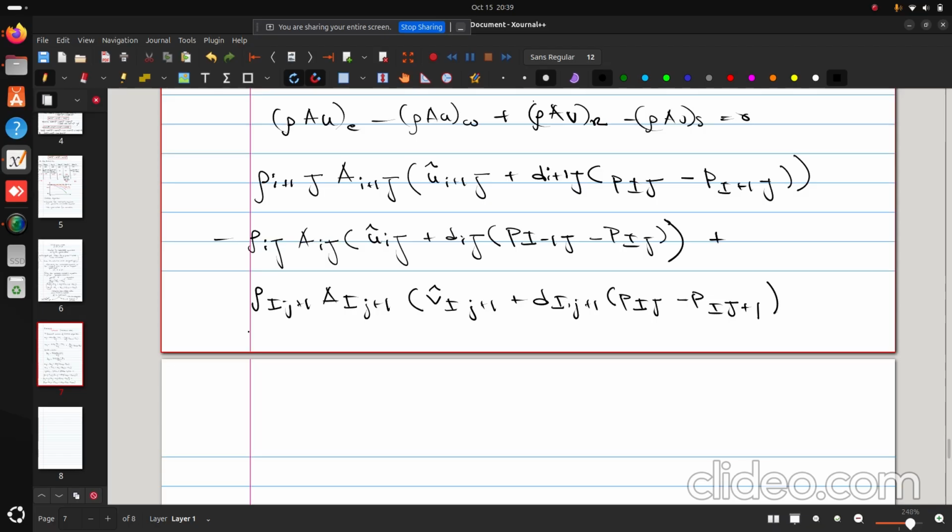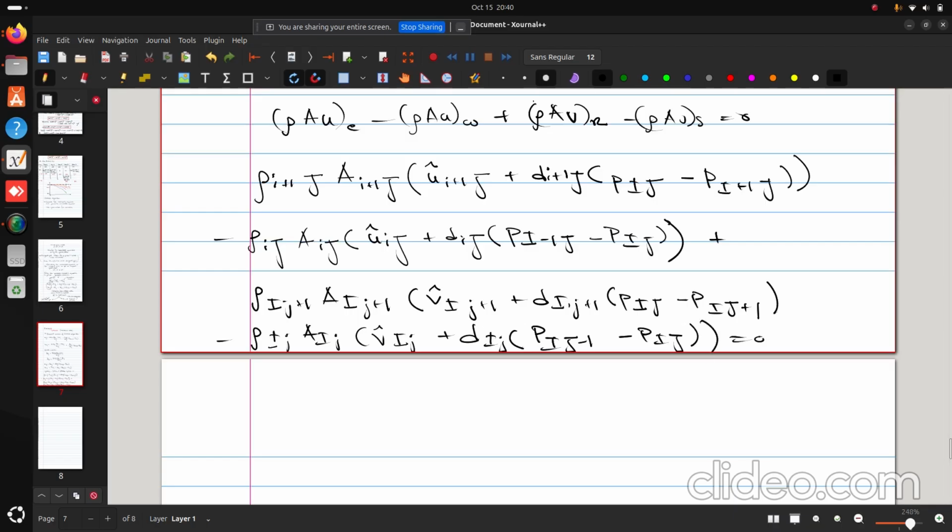And finally the last term, rho capital I small j A capital I small j v hat capital I small j plus d capital I small j, and the pressure will be P capital I capital J minus 1 minus P capital I capital J.